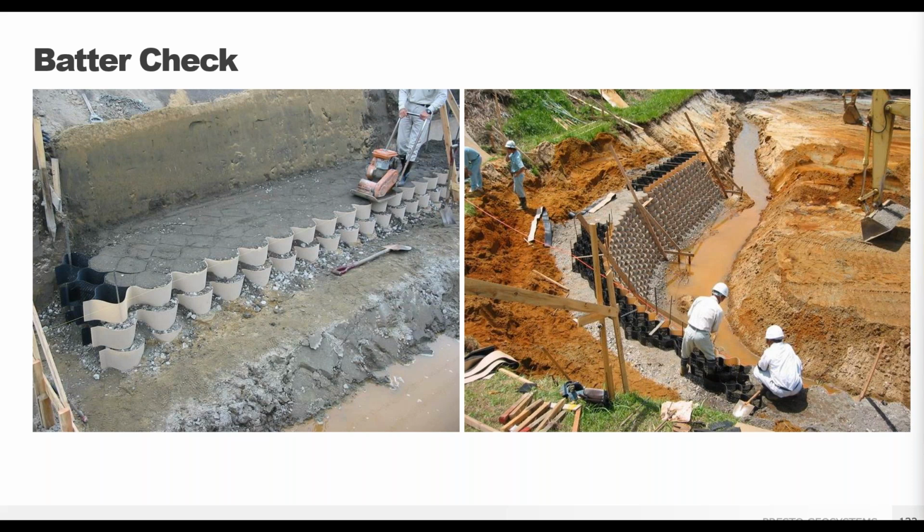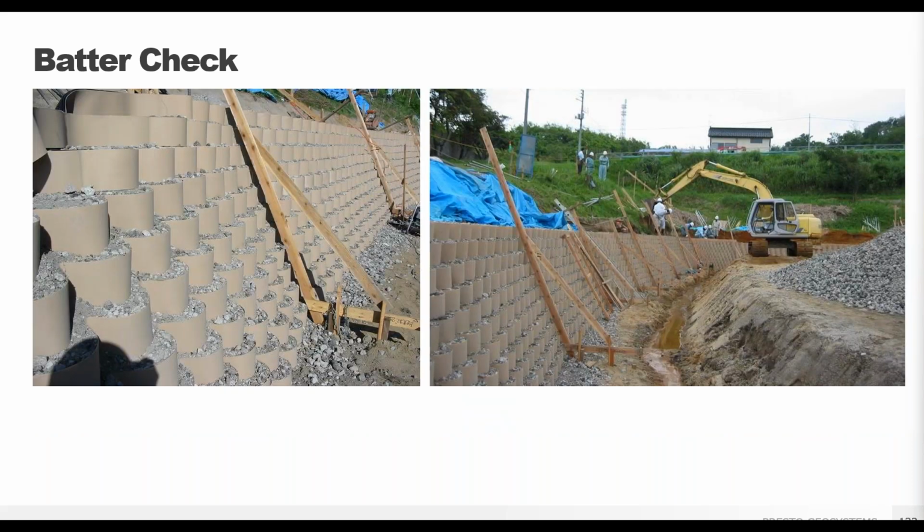The same setback angle is maintained. Again, notice the cell alignment vertically from one lift to the next in the curved area in the photo on the right, and how the batter checkboards help keep your consistency. Batter checks are a good pro tip to build beautiful walls.